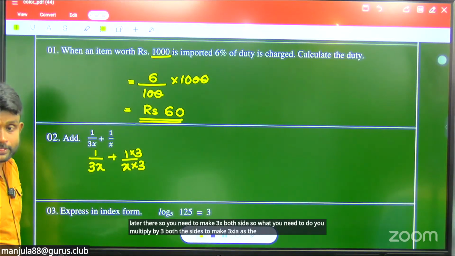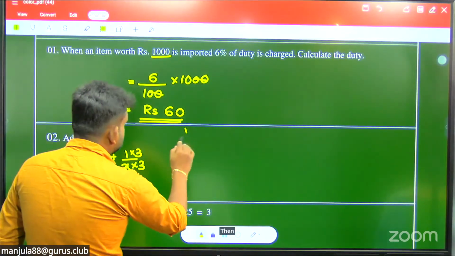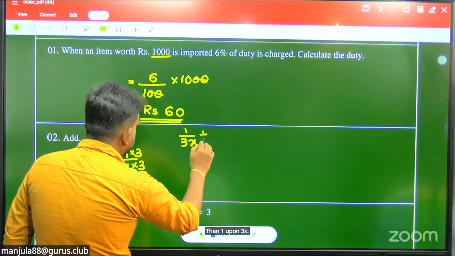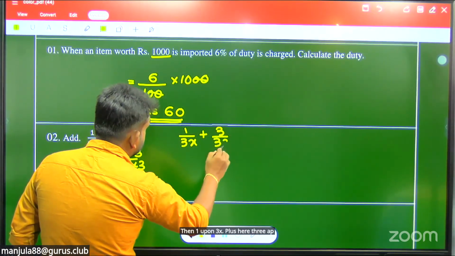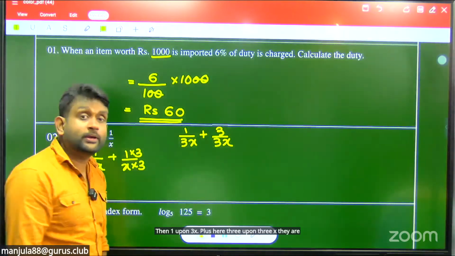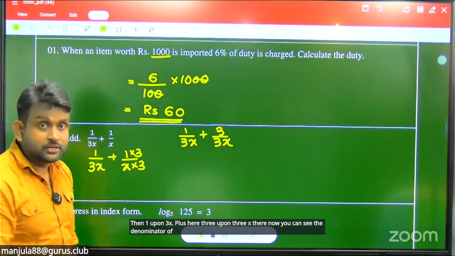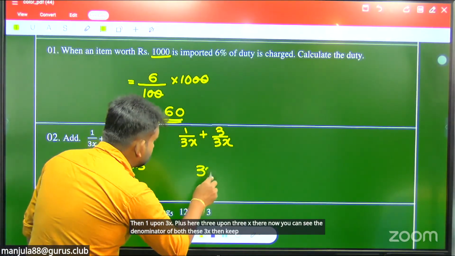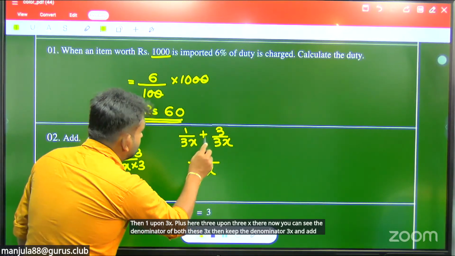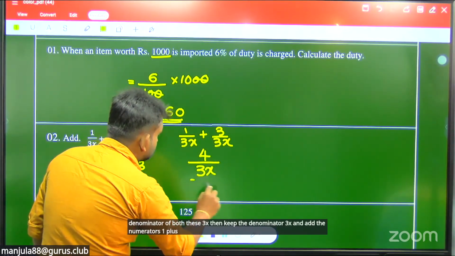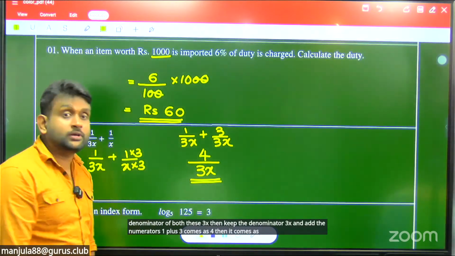Then 1 upon 3x plus 3 upon 3x. Now the denominator of both is 3x. Keep the denominator 3x and add the numerators. 1 plus 3 comes as 4. Then it comes as 4 upon 3x.